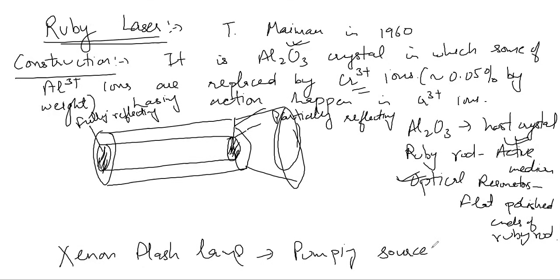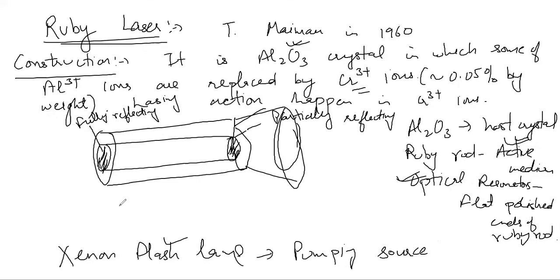Aluminum oxide is simply a host crystal which is used to suspend the chromium ions into it. So xenon flash lamp, which acts as a pumping source, is going to excite the chromium ions from the ground state to the higher excited state.